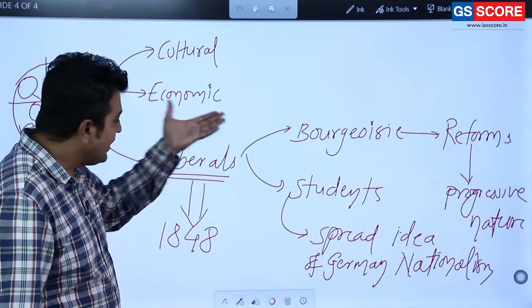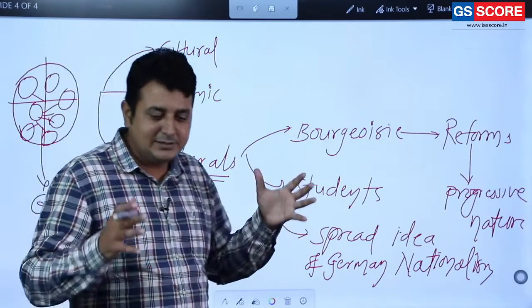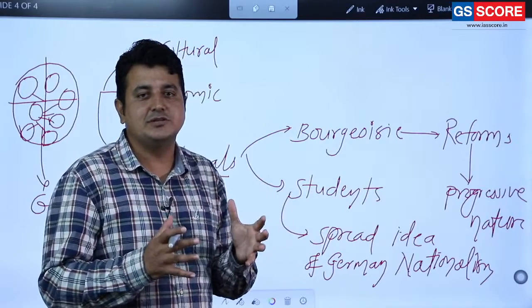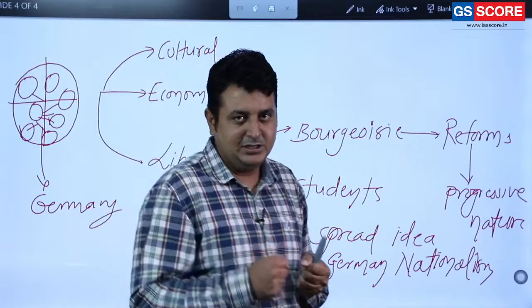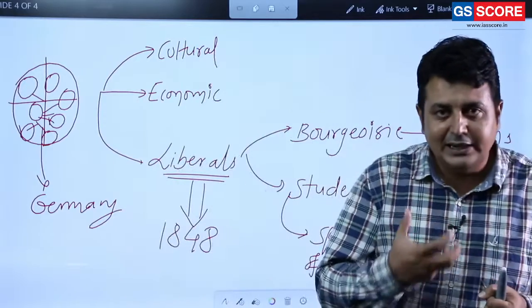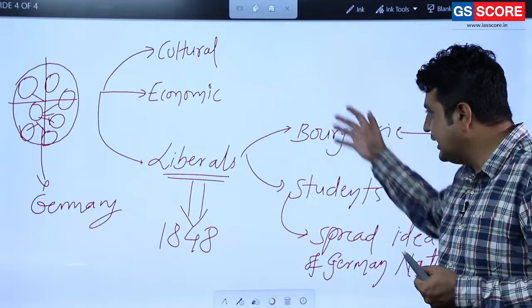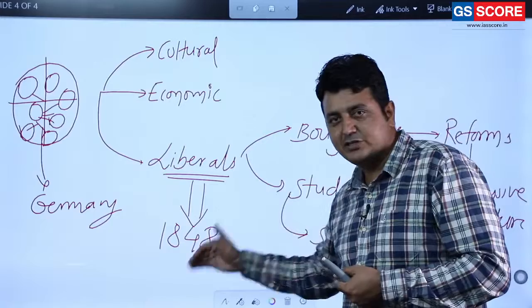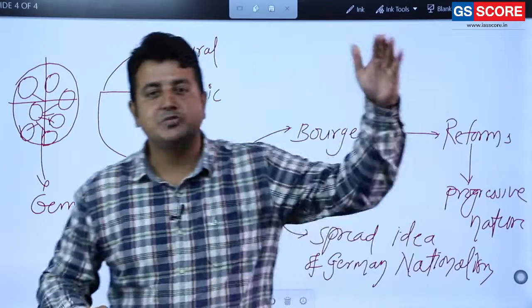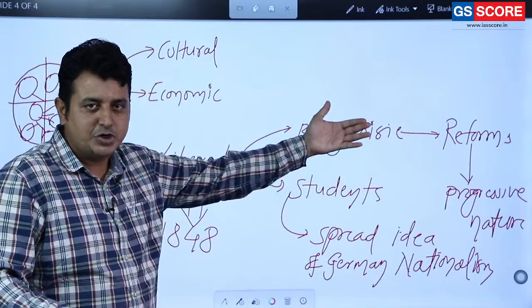Clear? It was provided by the liberals, that is, they aroused nationalism, and people strongly participated in the process of nationalism, the willingness of people to be part of the German nation state. So they created the background, and from this moment onward, Bismarck took the leap, and that leads to the unification process.